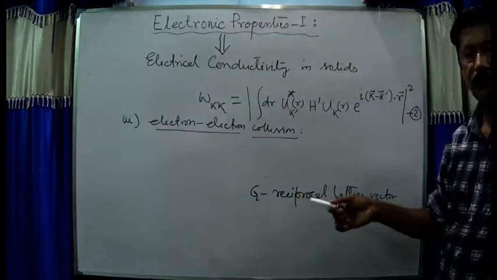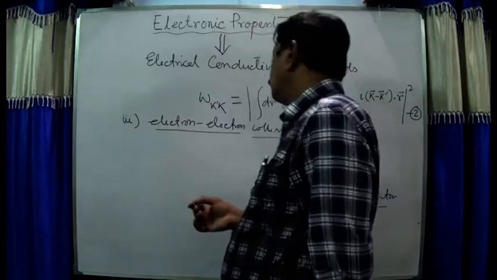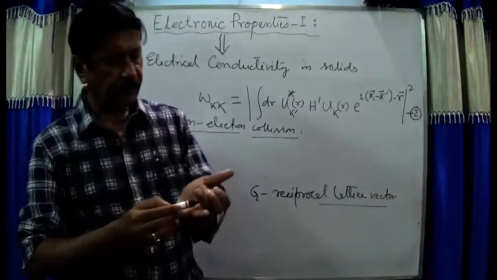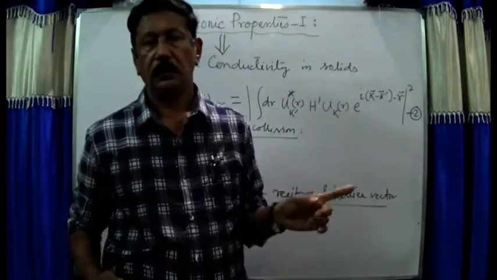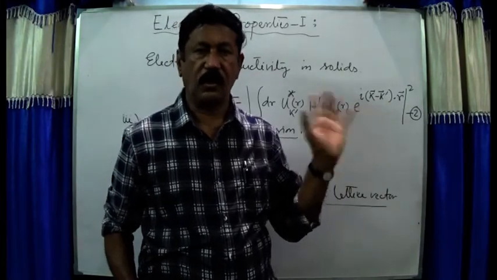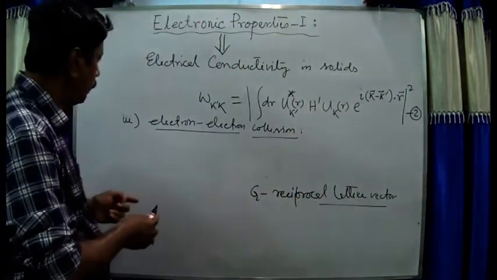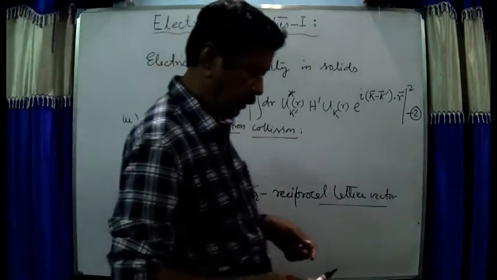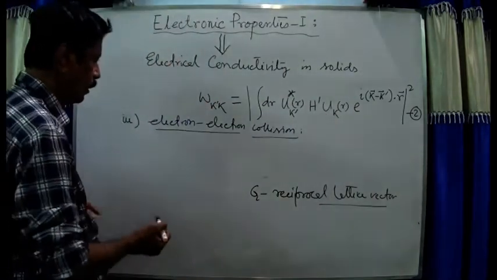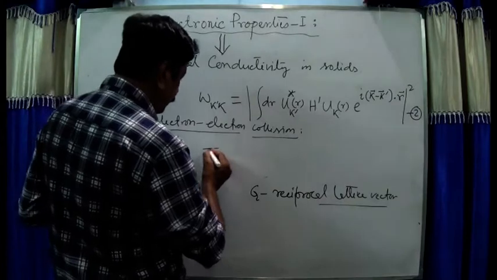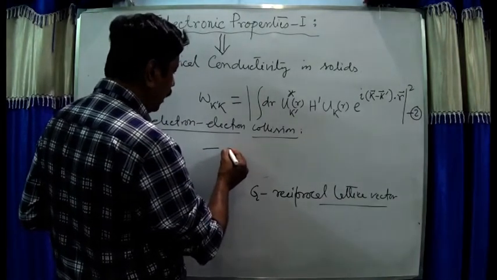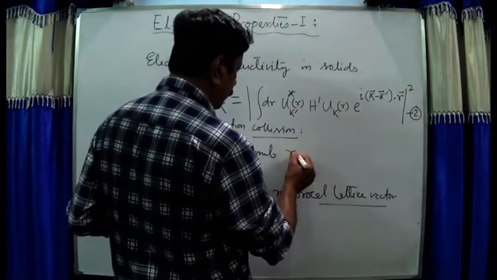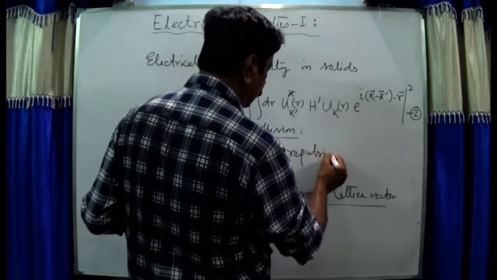We have mentioned just before that this electron-electron collision was neglected in our independent electron model. Though it is a fact that electron-electron collision may be important, this type of collision involves the Coulomb repulsive potential.